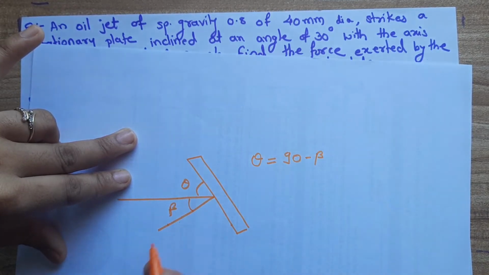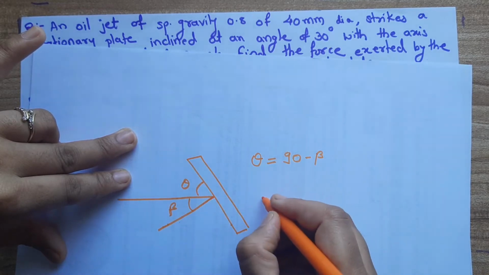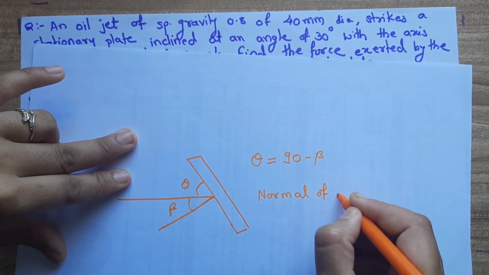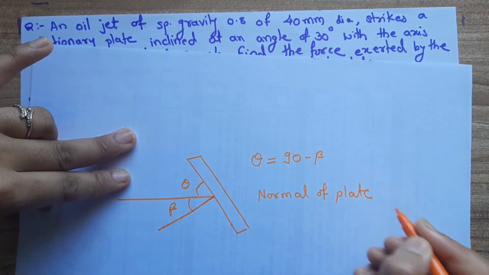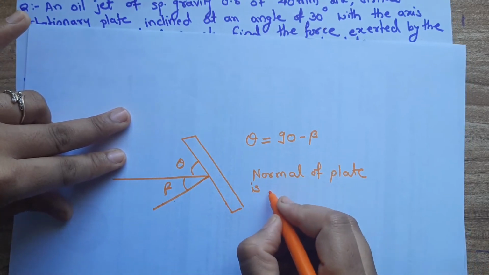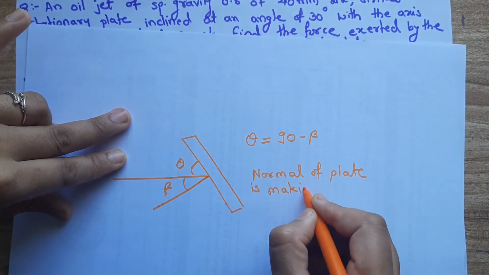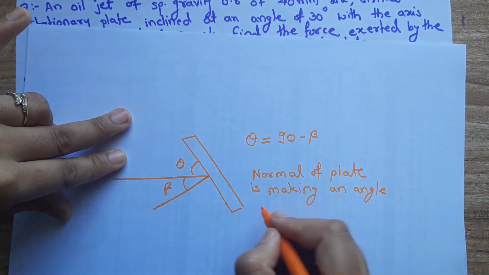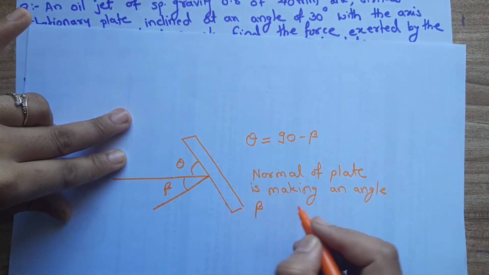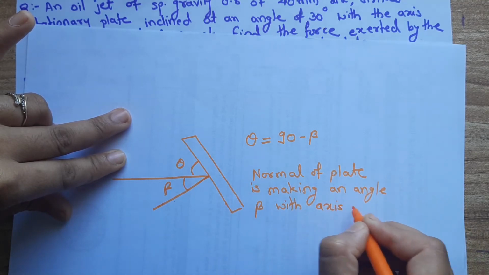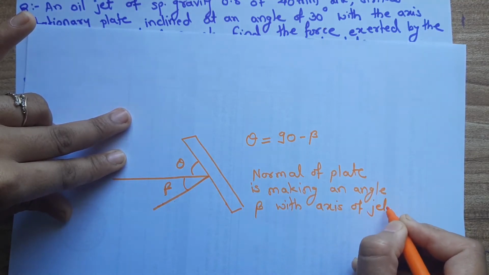So keep in mind, for this case the language will be like: normal of the plate is making an angle, let's say beta, with the axis of the jet.